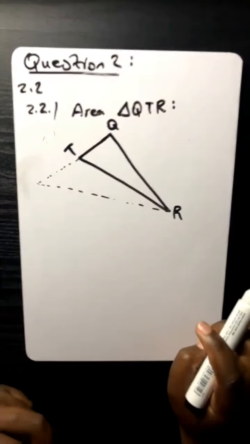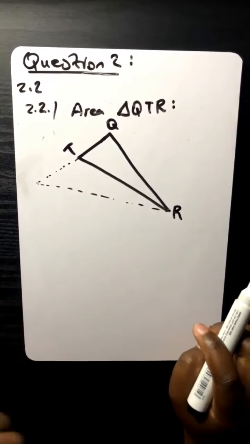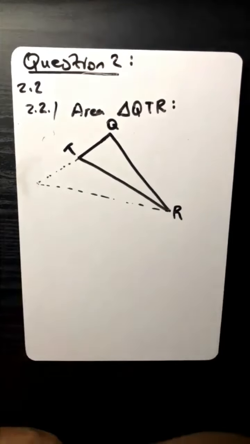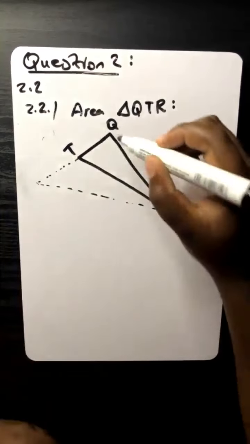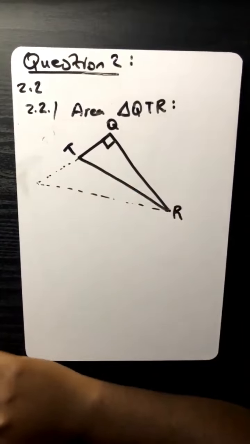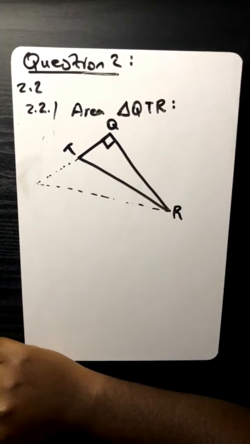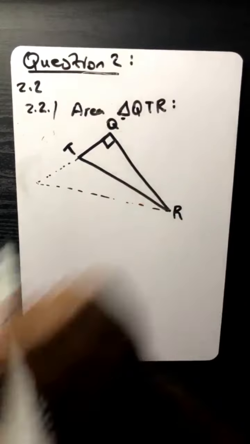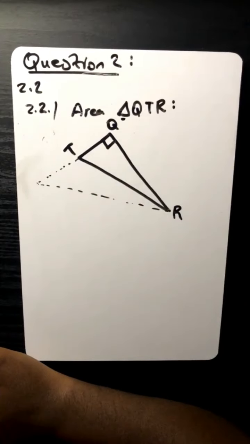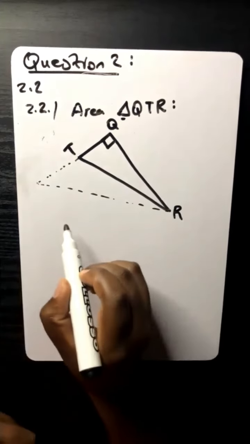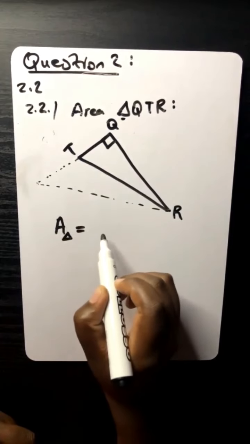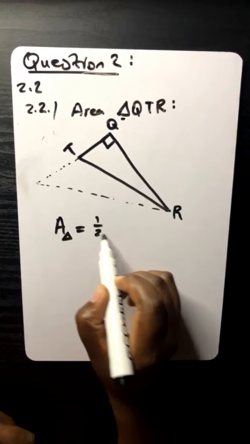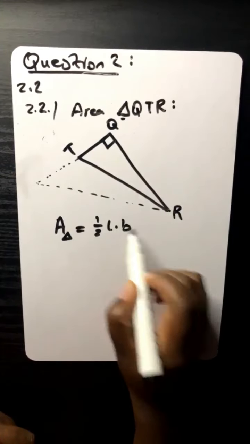Just in case you get to a situation where you don't know the starting point, guys, the cream of the question is going to guide you in terms of where to start. This thing is a little bit confusing, but because the question said the area of triangle, the first thing you must do is write the formula for the area of a triangle. The area of a triangle equals half length times breadth.